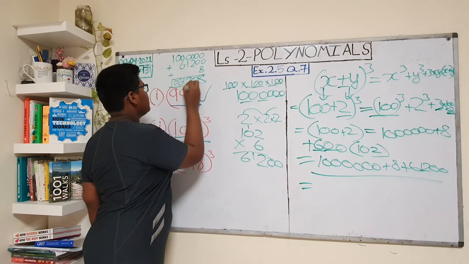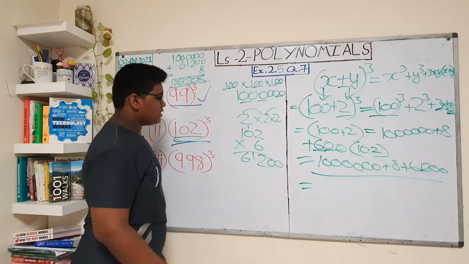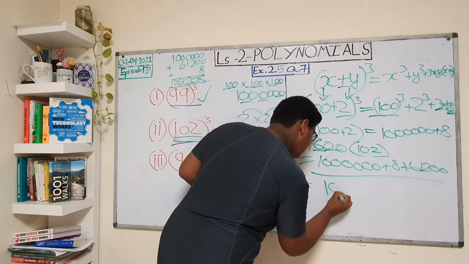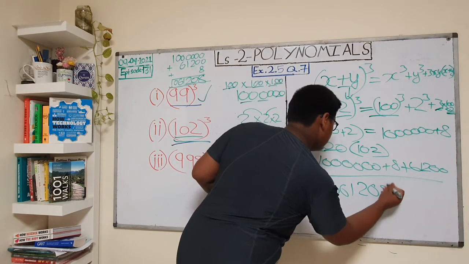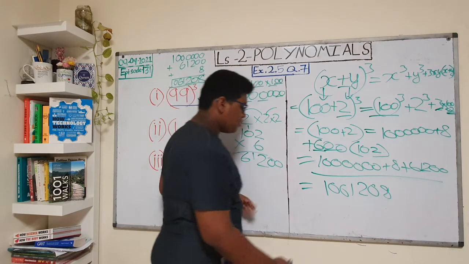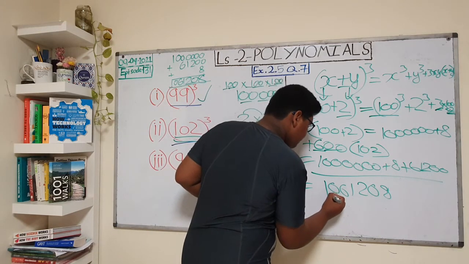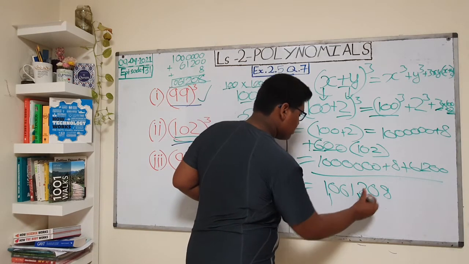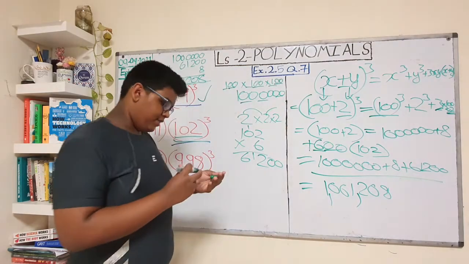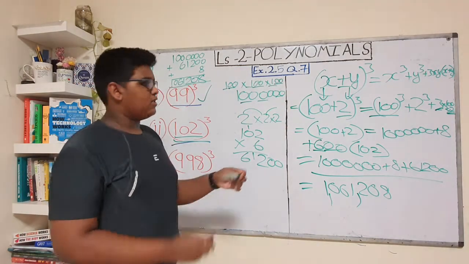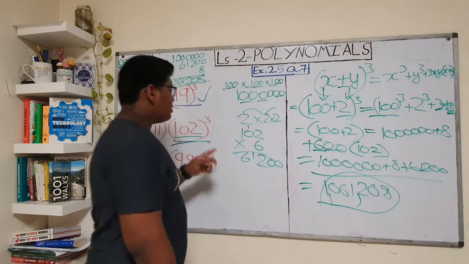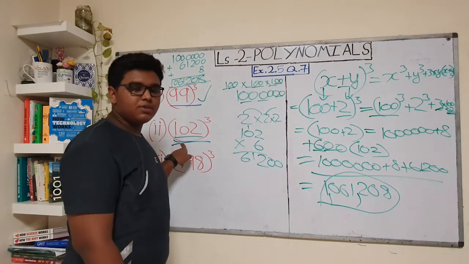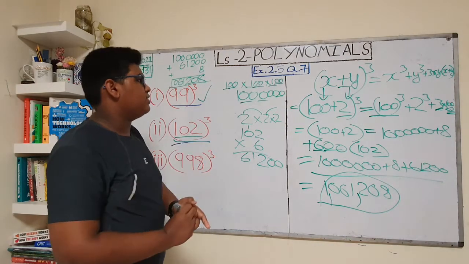Now we can tell that this is our answer: 1,061,208, or we can write it as 10,61,208. So this was our answer for sub question number 2 of question number 7 from exercise 2.5.